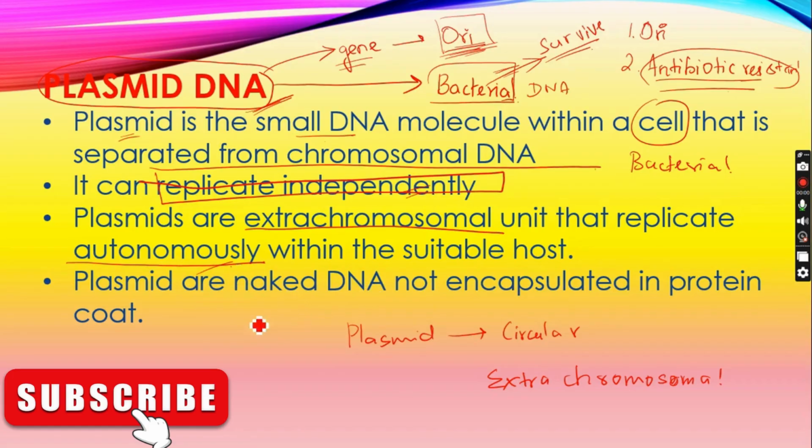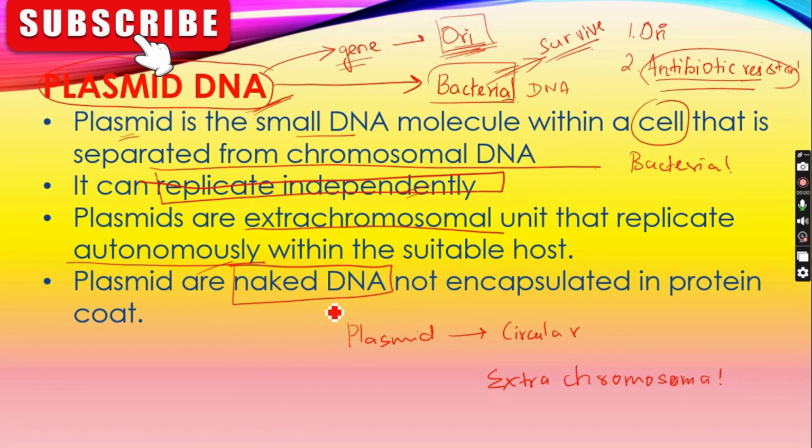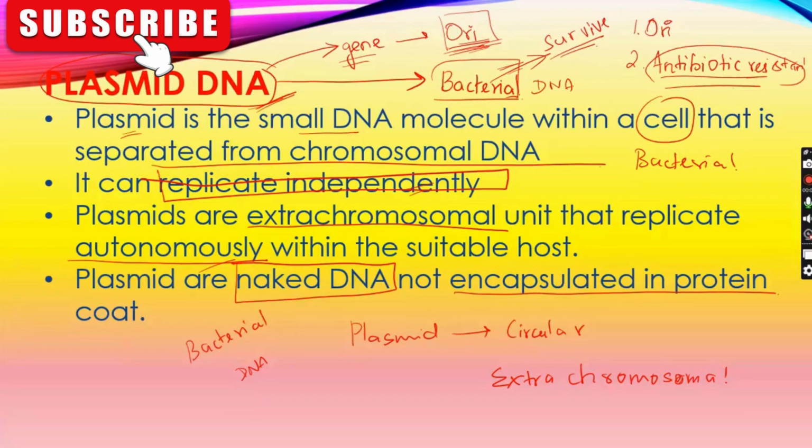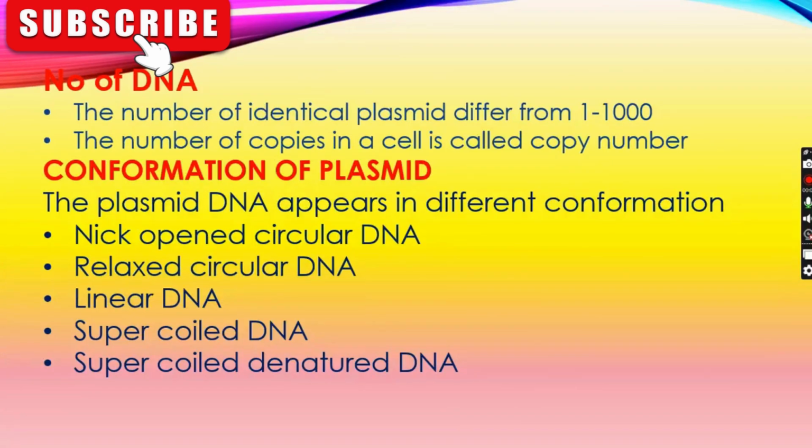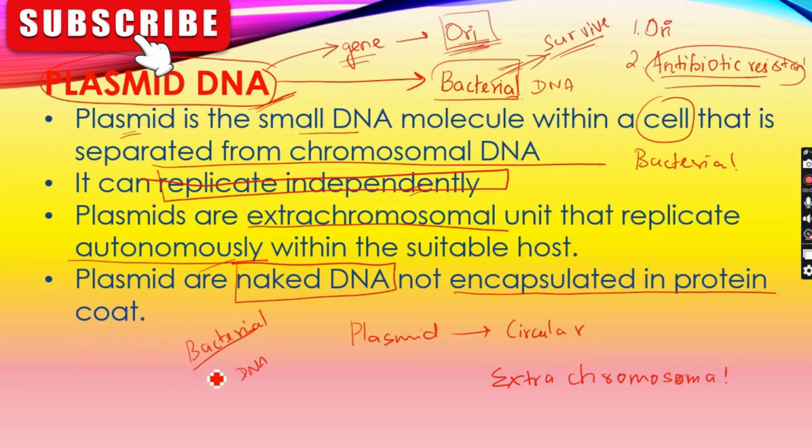But this plasmid DNA is going to be naked DNA, which can be seen easily. It is not encapsulated with proteins, but in general, a viral DNA is encapsulated, for example the TMV virus. In general, that DNA is present inside the capsid protein, the capsid coat.